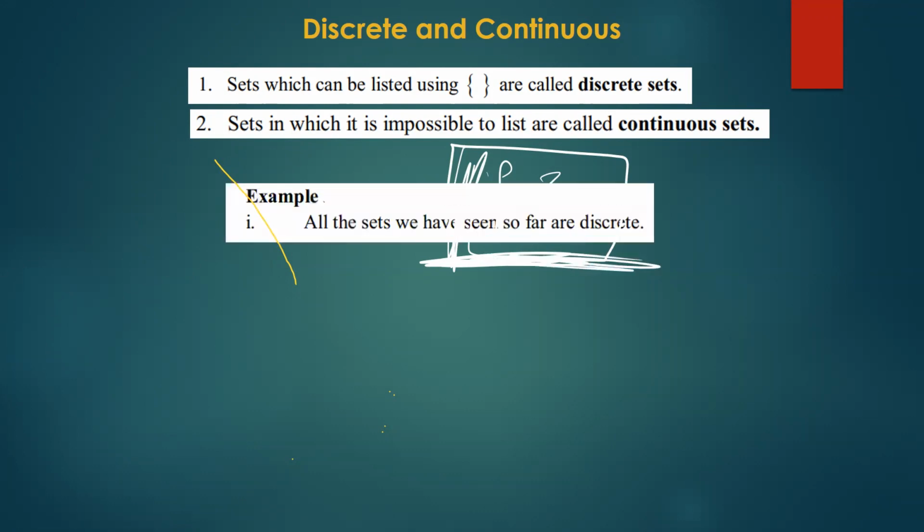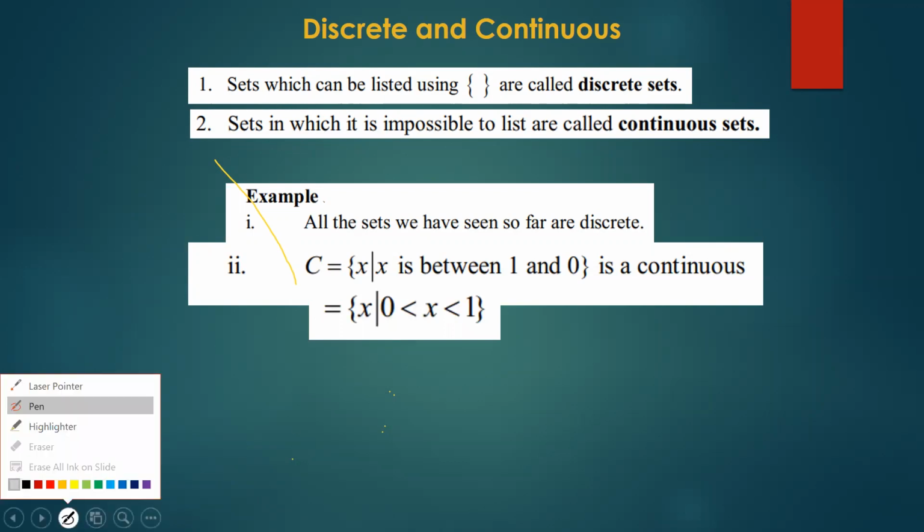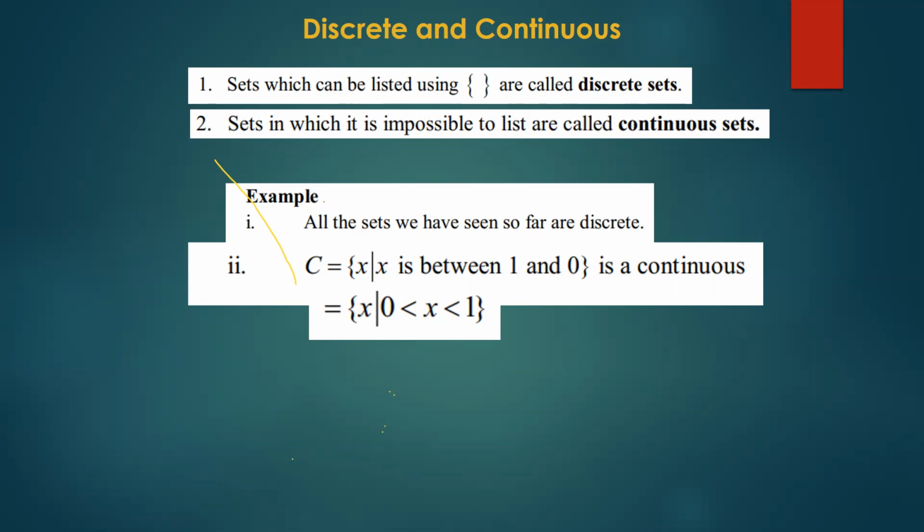Okay, so this is what I'm just trying to talk about. When you say the set is X such that X is between 1 and 0, it means that we're talking about an interval from 0 to 1.